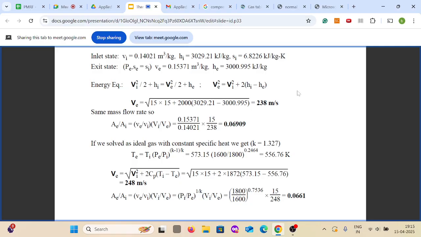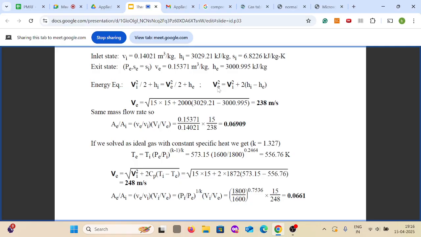So applying an energy equation, the exit velocity is inlet velocity square plus 2 into Hi minus He. So V is root of the inlet velocity is 15, so 15 square plus 2000 into your enthalpy difference, so comes out to be 238 meter per second. So the mass flow rate will be same across the nozzle.